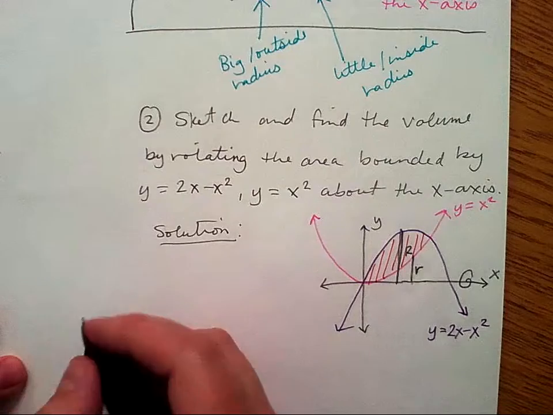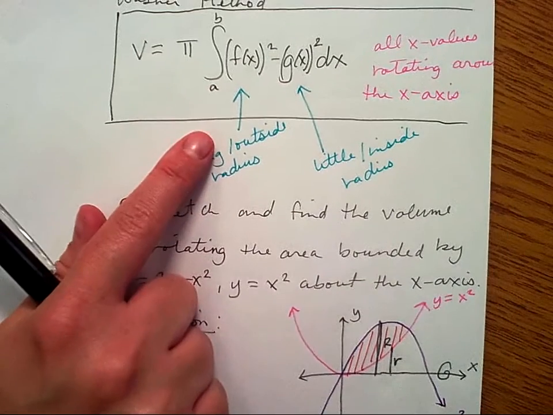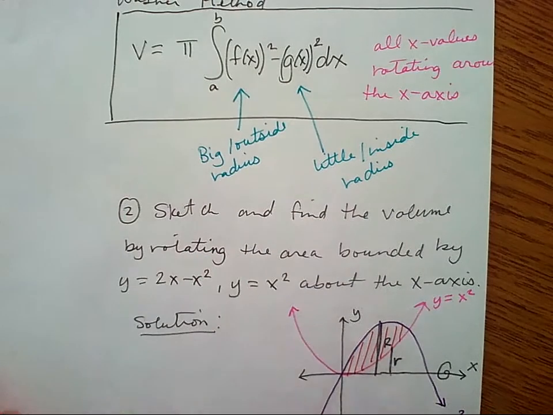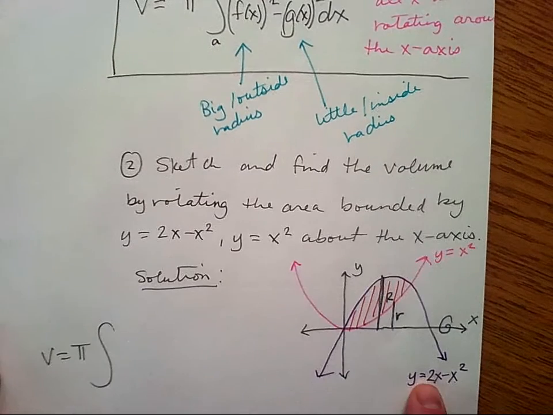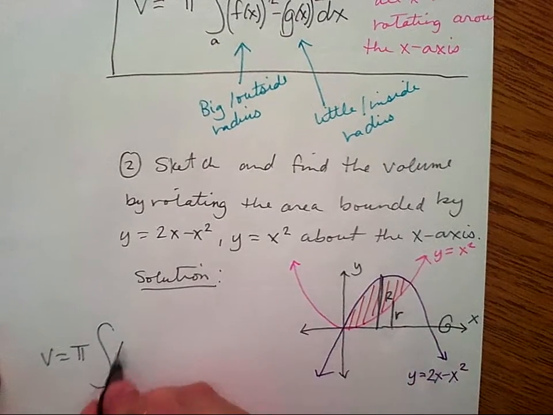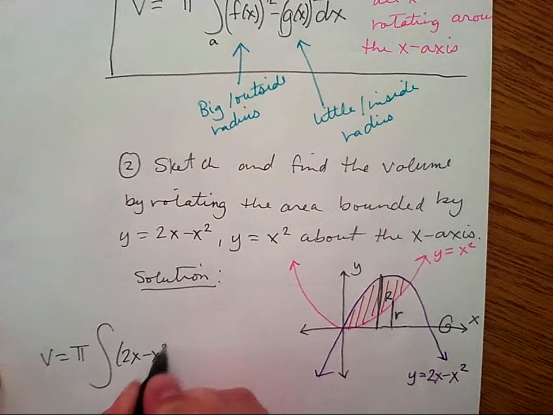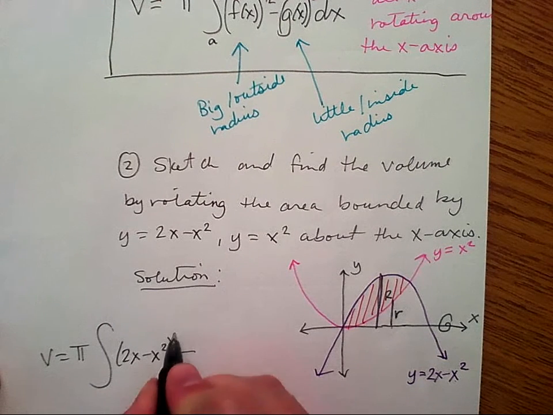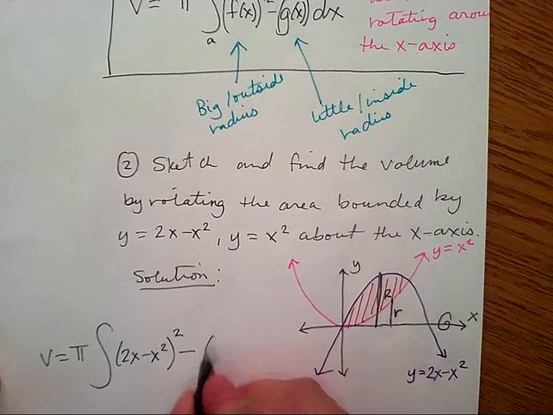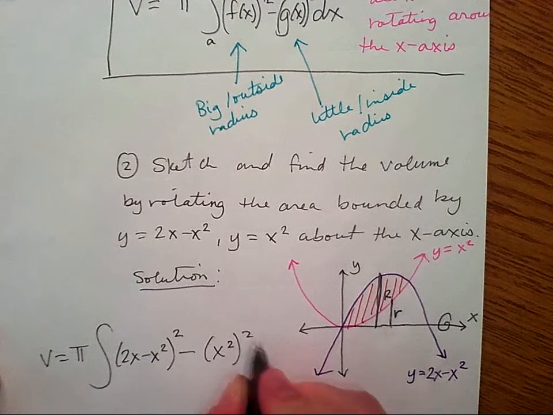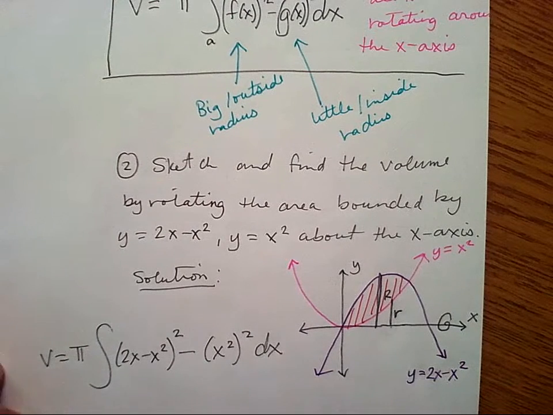Okay? So now let's do the formula. Big radius squared minus little radius squared, right? So volume equals pi times the integral of big radius. My big radius is the purple, which is 2x minus x squared, and that's squared, minus the little radius, which is the pink, which is x squared, dx.